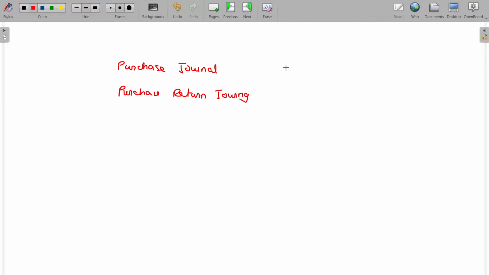This is the first set. From the purchase journal, you prepare the purchase account, and from the purchase return journal, you have to prepare the purchase return account.